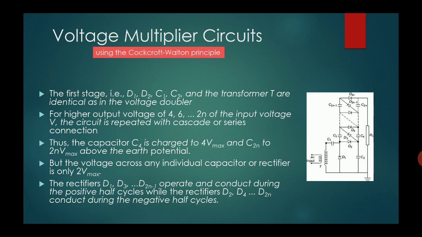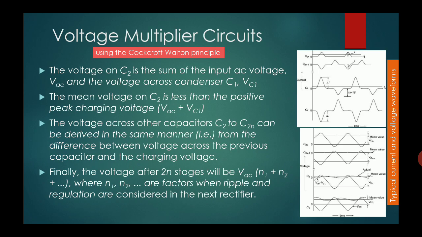But the voltage across any individual capacitor or rectifier is only 2 Vmax. The rectifiers D1, D3 to D2n minus 1 conduct during the positive half cycles, while the rectifiers D2, D4 to D2n conduct during the negative half of the cycle. So this is a basic description of the voltage multiplier circuit using the Cockcroft-Walton principle.